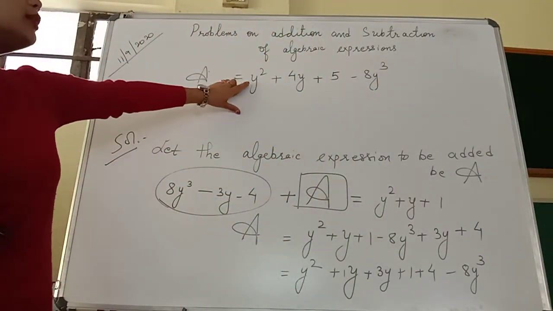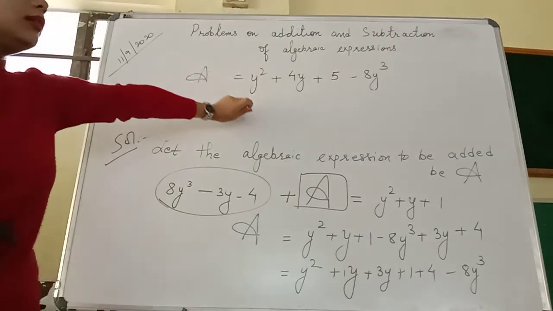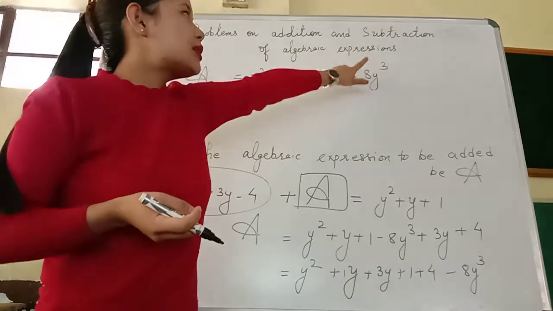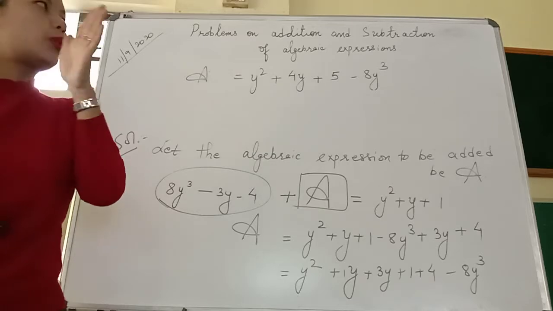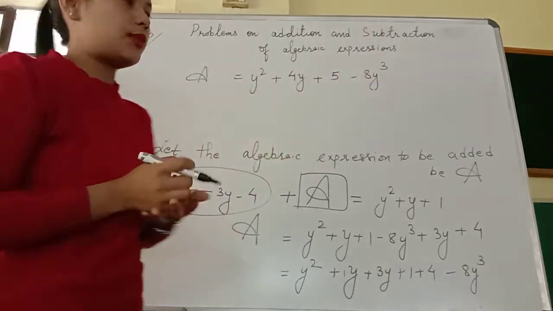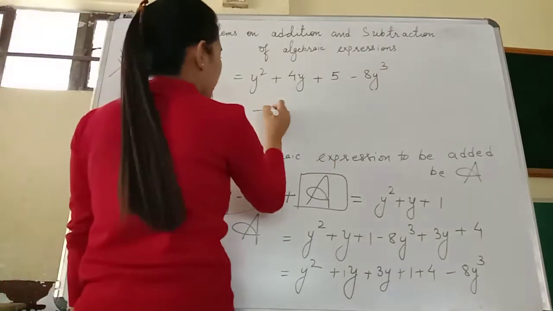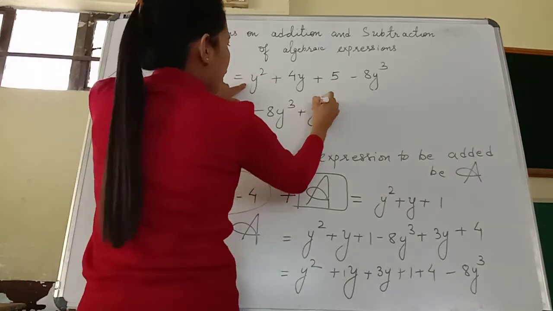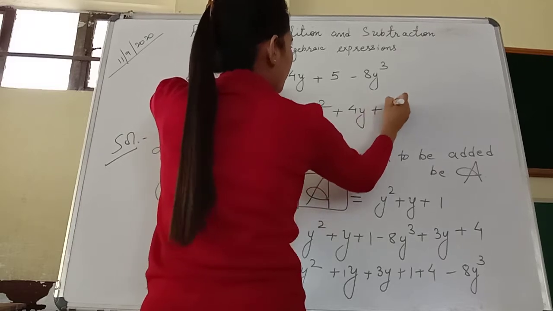Here the power of y is 2, here the power of y is 1, here there is no variable, and here the power of y is 3. So as I said, the standard way to express is we write the variable with the highest power first. So the expression that is required is minus 8y cube plus y squared plus 4y plus 5.